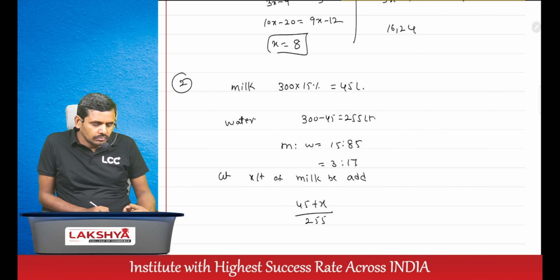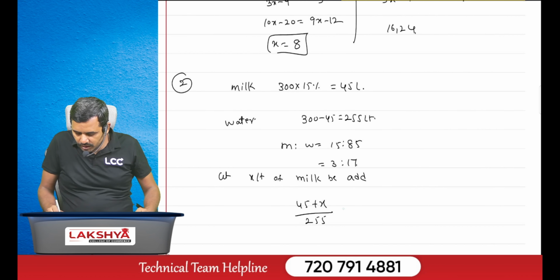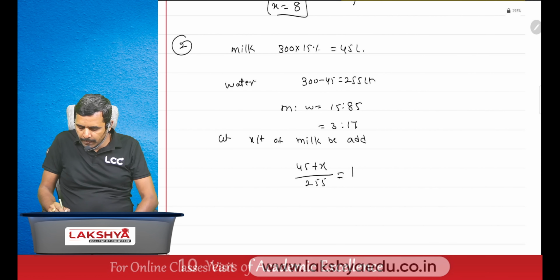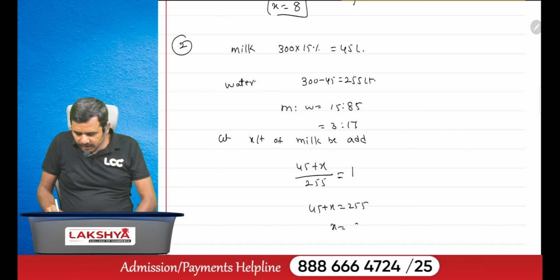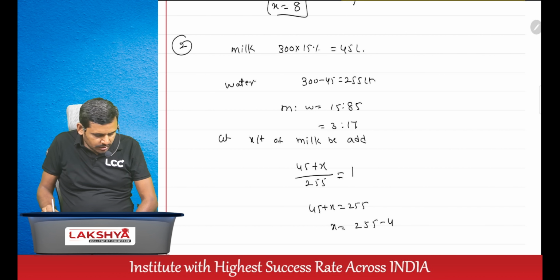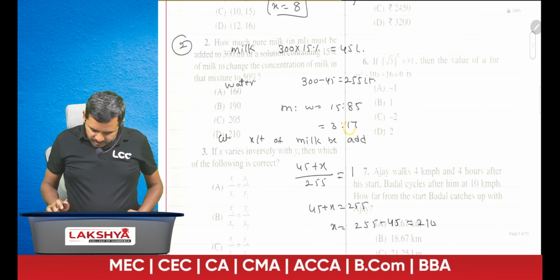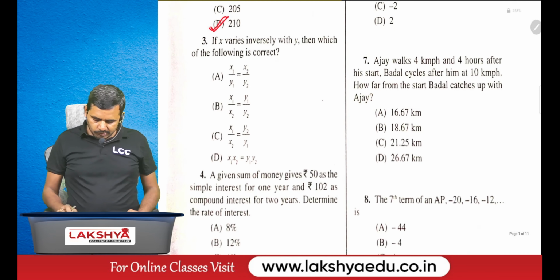So that the milk and water are 50% each. 50% milk and 50% water is nothing but 1:1, both of them are equal. That is, 45 plus x is equal to 255. Hence x is equal to 255 minus 45, which is 210 liters. Hence the answer is D for the second one.